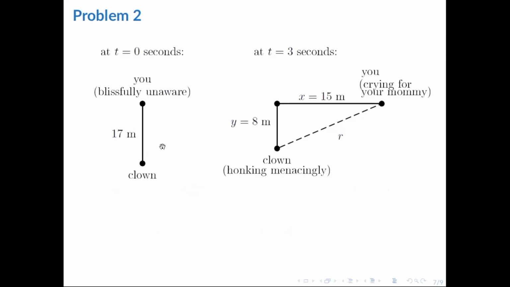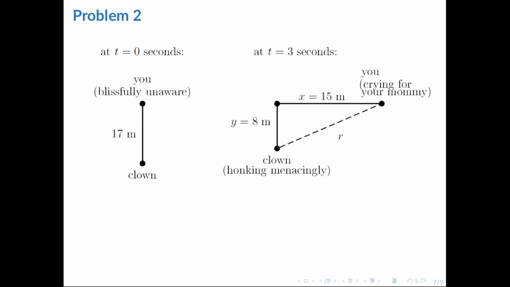Here we are at t equals 0 seconds. We are in our initial position and southward 17 meters, we see a clown. After 3 seconds, we run here and we have reached 15 meters as the clown is going closer to our initial position, and the distance between them is 8 meters.